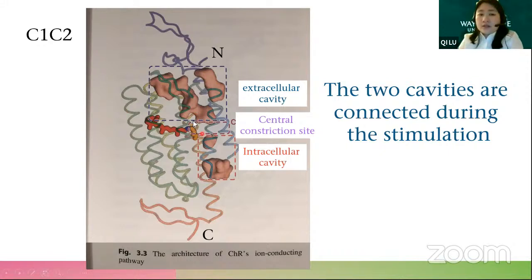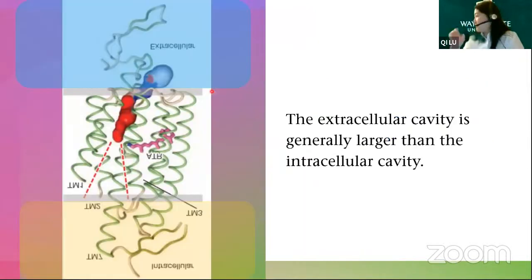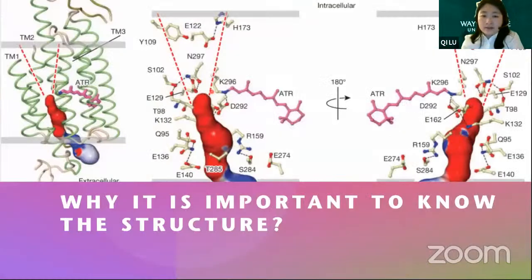We can notice that there are two parts of the extracellular cavity, one larger and one smaller. It's known that when the channel conformation changes and the channel opens, these two cavities will be linked together to form an even larger opening facing the extracellular side. The extracellular cavity is generally larger than the intracellular cavity.